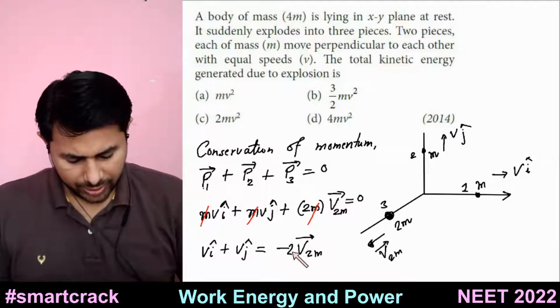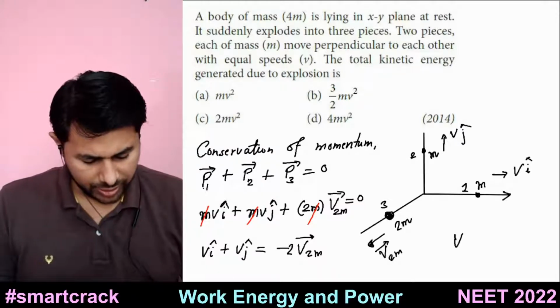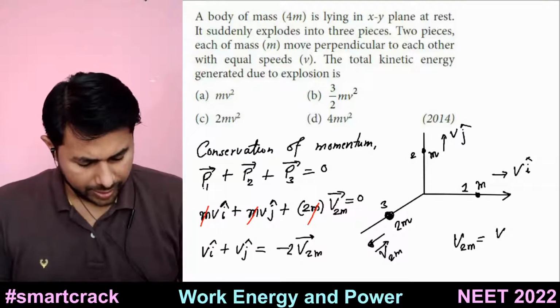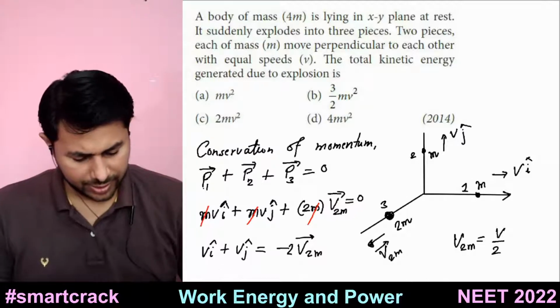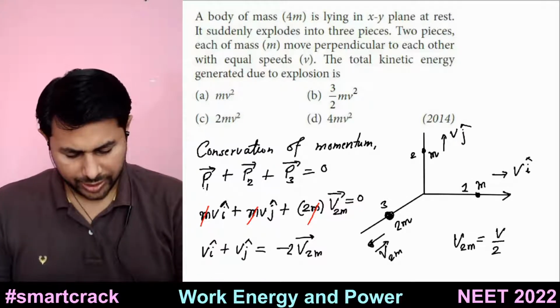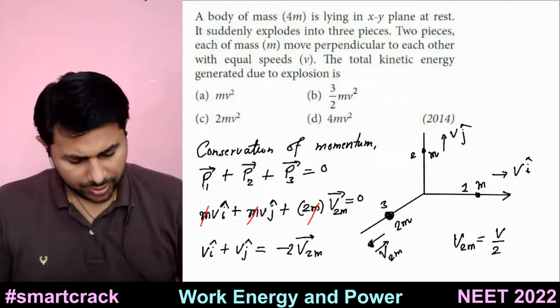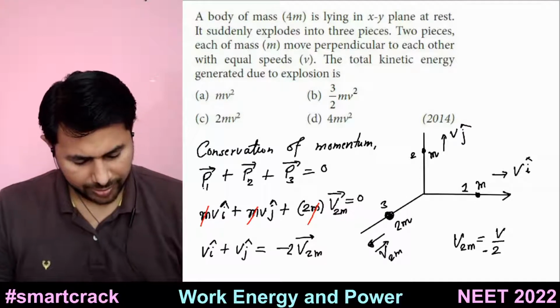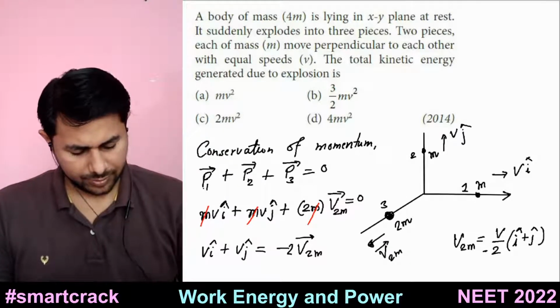Then you can move the minus 2 to the left hand side. You can take v common and move this minus 2 to the other side, so you can write minus v by 2 into i cap plus j cap.